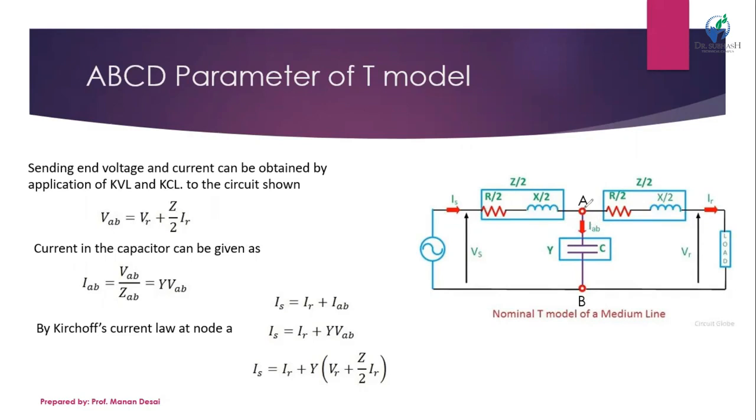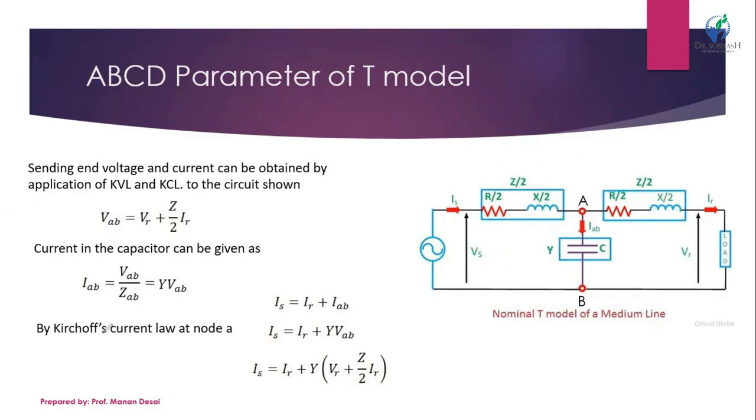IAB is the voltage between A and B, VAB, over the total impedance, so we can say it is admittance into voltage. So IAB is equal to Y VAB.